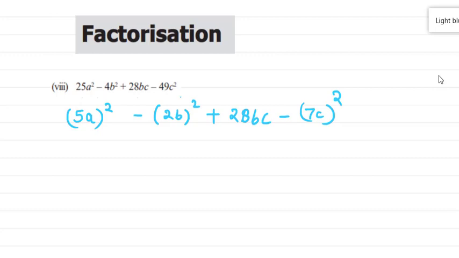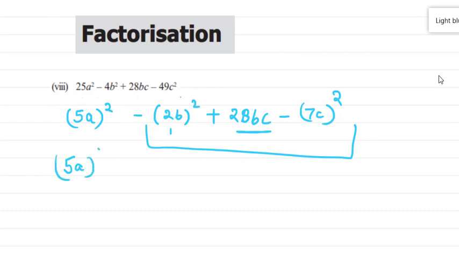Now you see here we can't use any identity. So you see here this term, that is bc, is containing b and c. Here you have b square, here you have c square, so we can take these 3 terms together. So what I'm doing here, I am taking a negative sign common, and then you will get here 2b whole square.